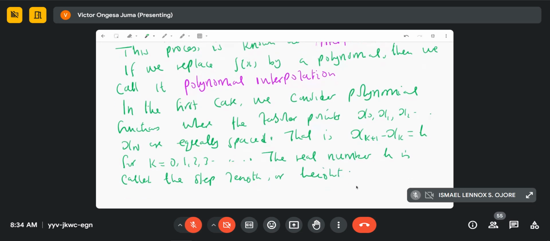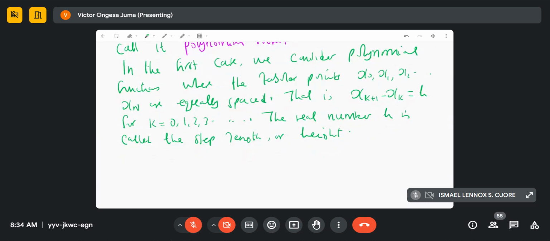Since these values are equally spaced, if we know the height and we know the first one, we can generate all the other data points by saying that xk is x0 plus kh.